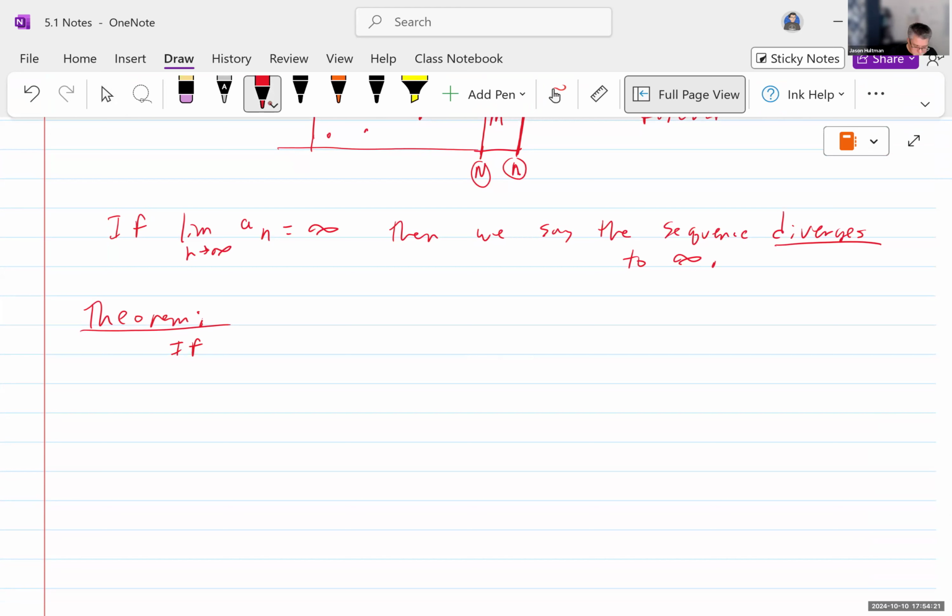If the limit as n goes to infinity of a sub n is equal to 0, then the limit, or sorry, if the limit as n goes to infinity of the absolute value of a sub n is equal to 0, then the limit as n goes to infinity of the original sequence a sub n also equals 0.